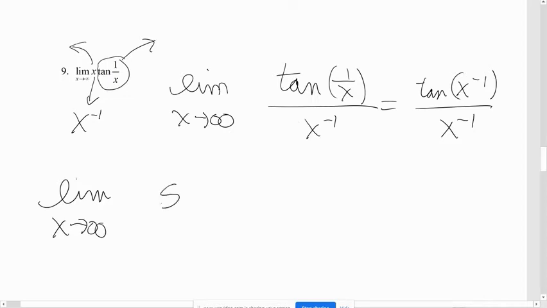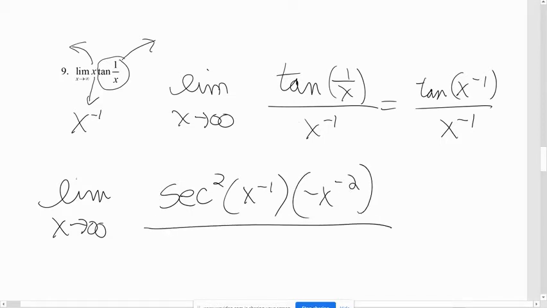Derivative of the top is secant squared of x to the negative 1, and then I have to chain rule that, so that would be negative x to the negative 2, and then the bottom would be just negative x to the negative 2, which is nice because those cancel each other out.